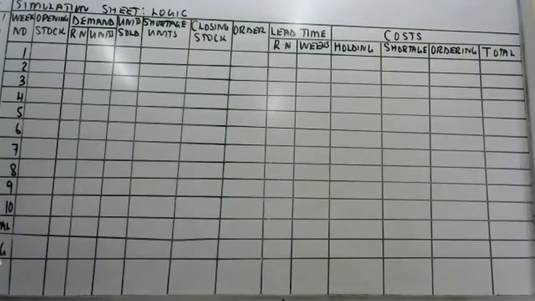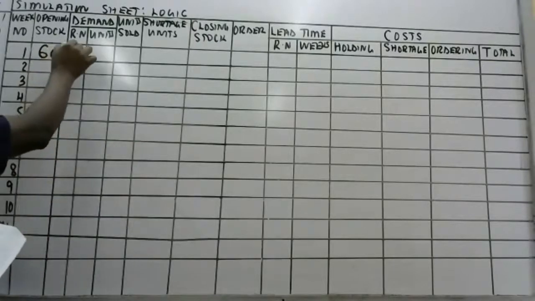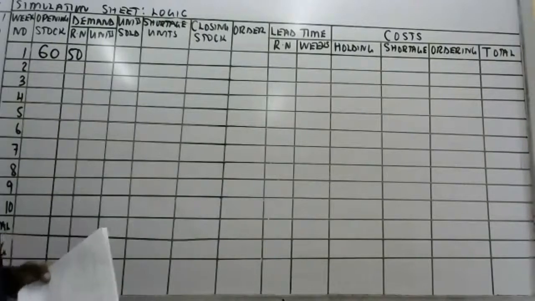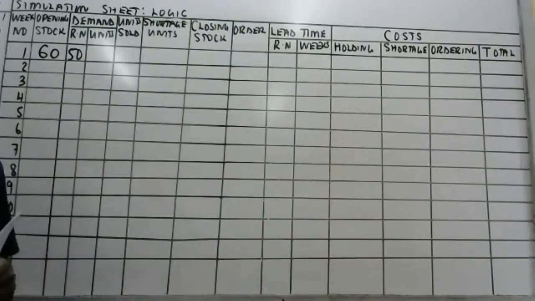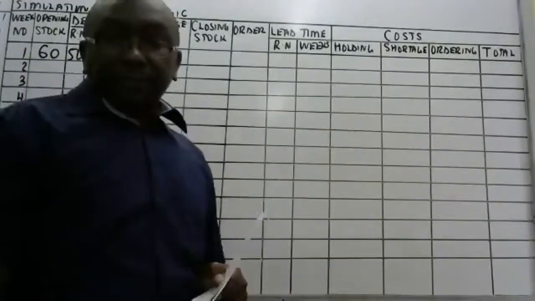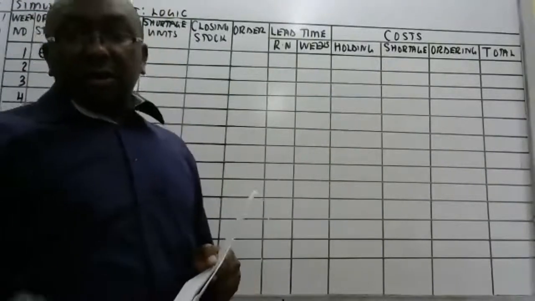So according to information 5, the opening stock is 60. So put 60 there. The first random number is 50. So go to the Monte Carlo and tell me, 50 is how many units?